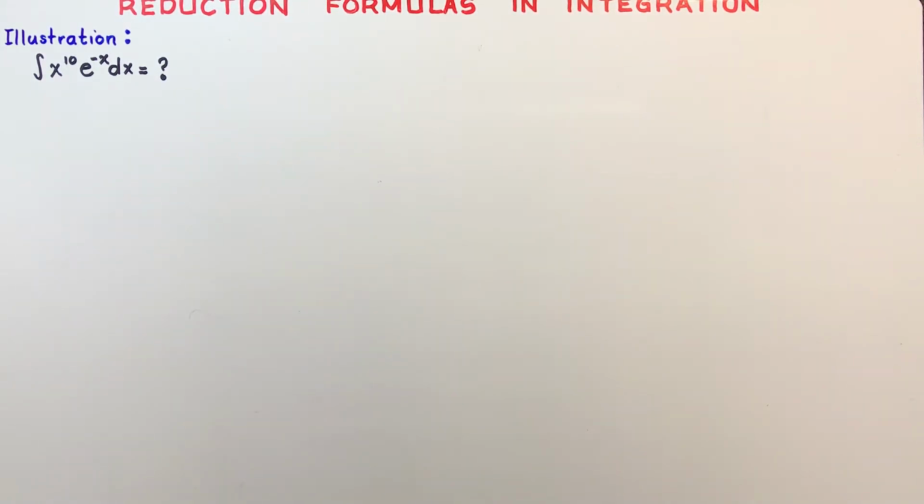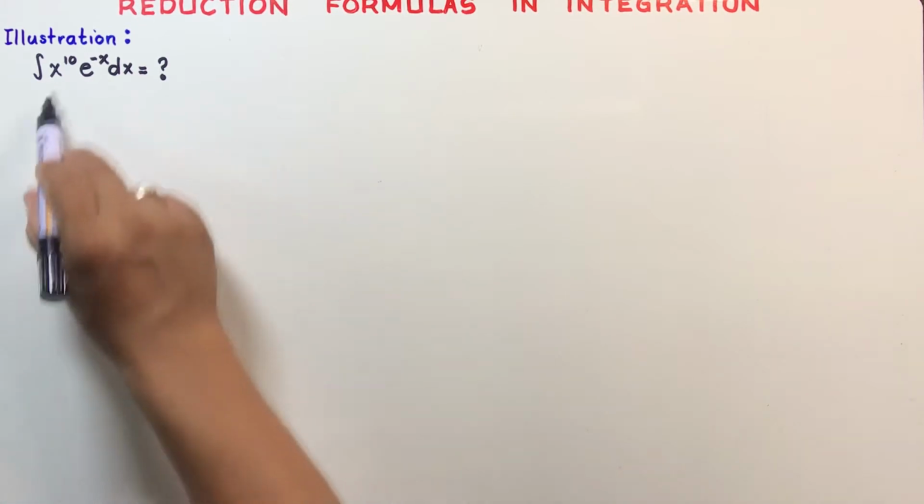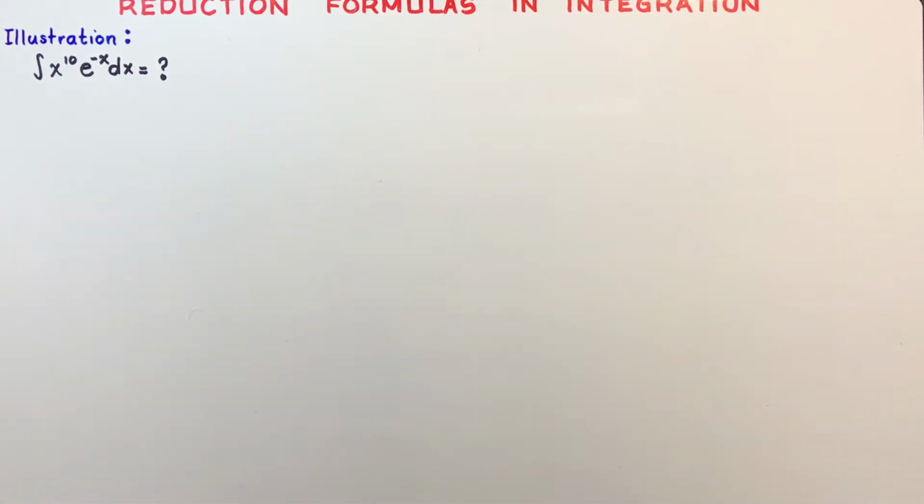Since this is very repetitive and tedious, we prefer to use a reduction formula for this one. So to solve this one, we need to derive a reduction formula first.